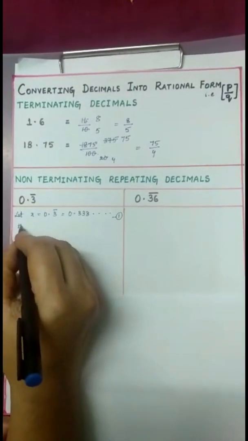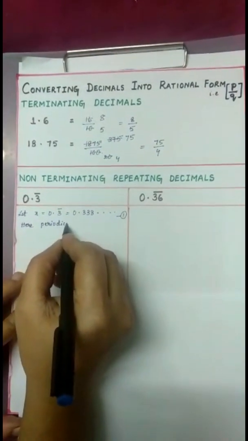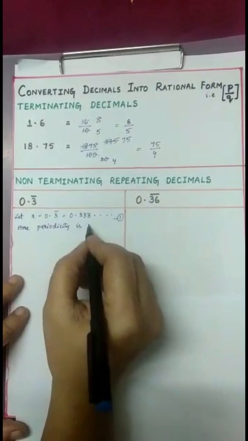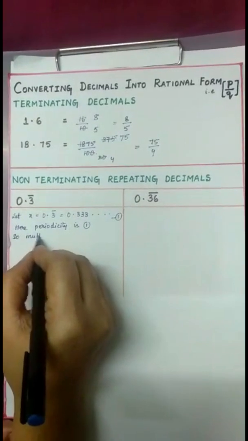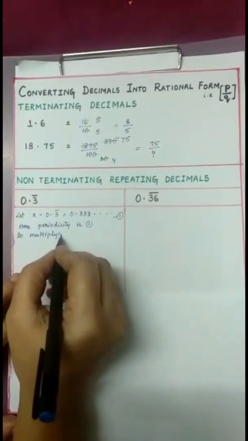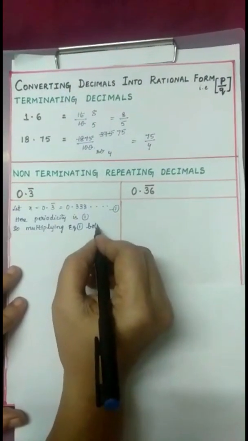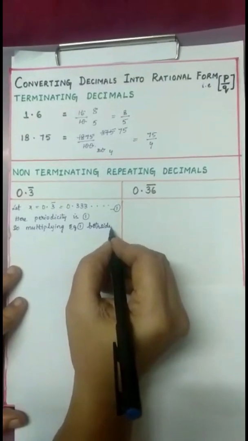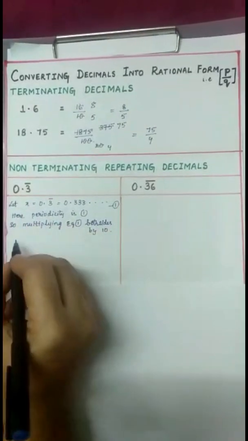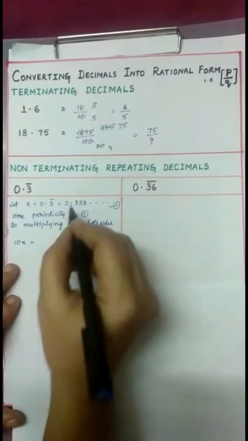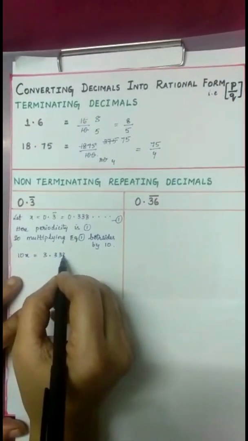Now here the periodicity is 1. So multiplying equation 1 on both sides by 10, we get 10x is equal to 3.333 and so on, since the decimal moves one place.